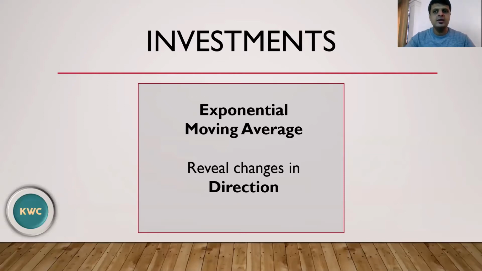Most indicators are called lagging indicators, which means by the time they give you an indication, the market would have moved a bit already, because the indicators are based on the prices that happened in the last time period, at least. So you don't get a trend from the indicator before the trend happens.